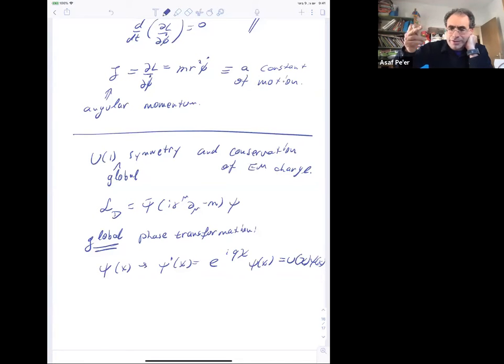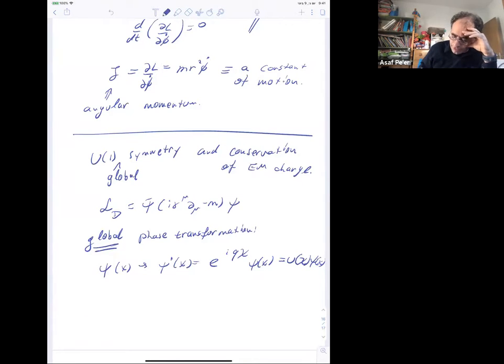It's a unitary matrix, so I don't have to write it as e times Q times χ. I can simply write this e^{iχ} or something like that. The reason why I put the Q here is because it's going to get the physical meaning. The physical meaning is going to be the charge. χ is some parameter, Q is just the real constant of the model, which seems to be unnecessary.